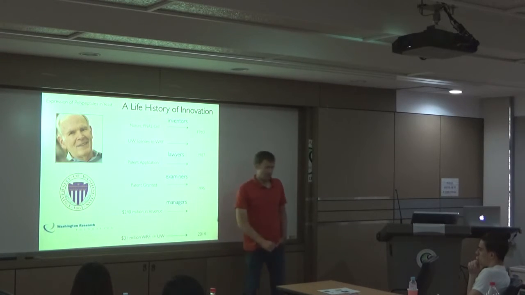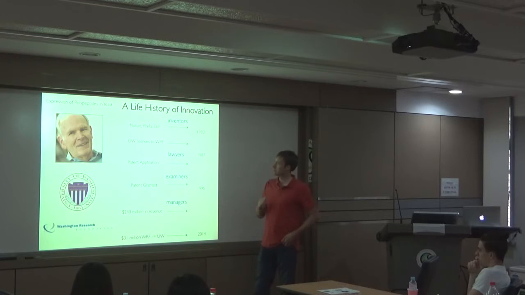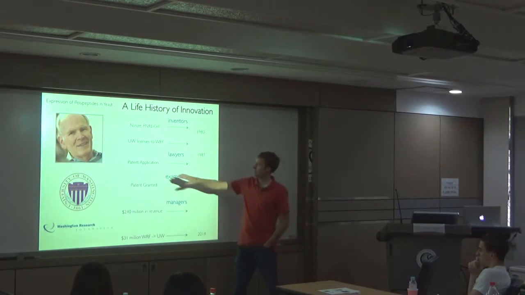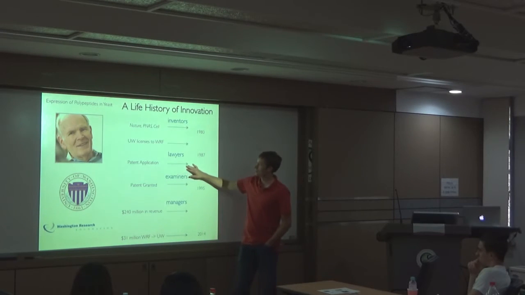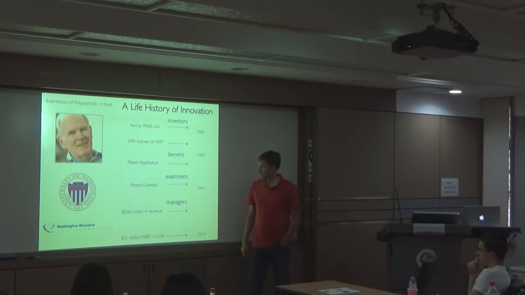Then the university decided to license this to the Washington Research Foundation. It's a foundation outside our university that licenses technology. That took about 7 to 10 years. Then the patent application had to go through a lot of lawyers' hands. There was all this paperwork, and finally a patent was granted by the examiners.